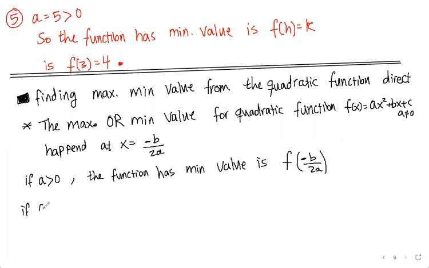If a is negative, the function has a maximum value, which is f of this point.